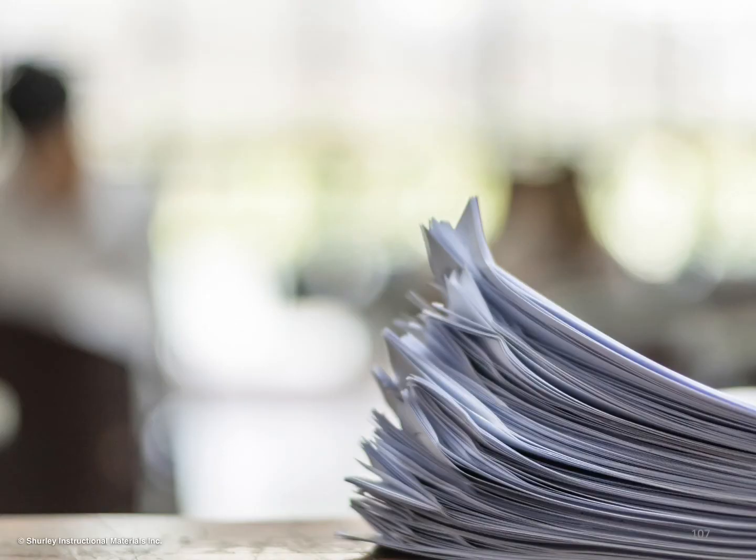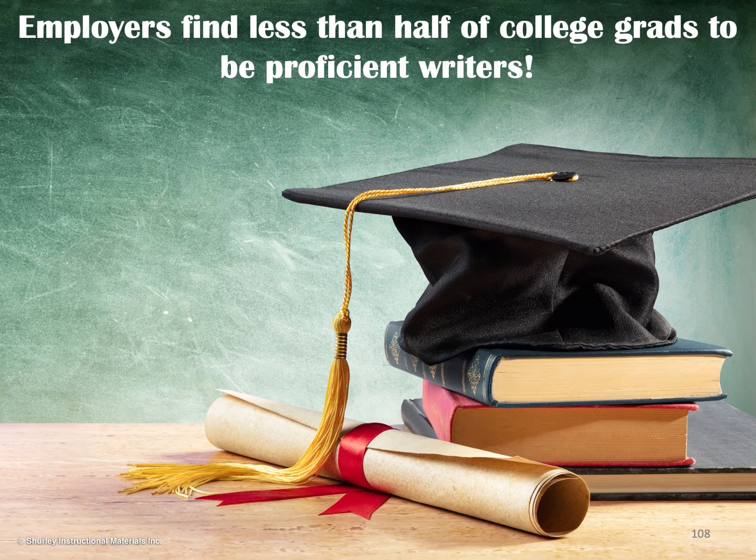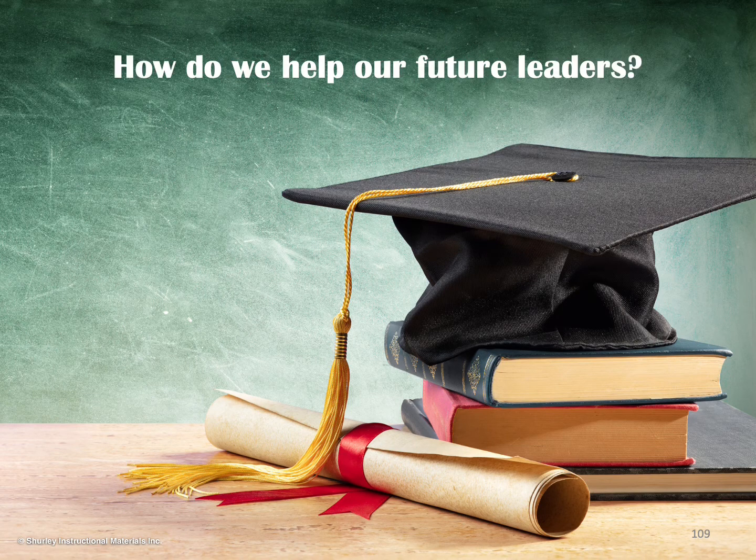In 2019, 41% of students who took the ACT, the American College Testing Exam, did not score well enough to meet readiness benchmarks for a college-level English composition class. Also, employers find less than half of college grads to be proficient writers. This doesn't even account for the students who don't attend college.